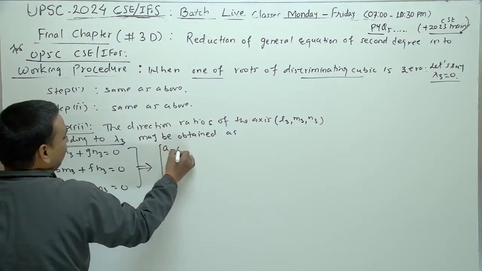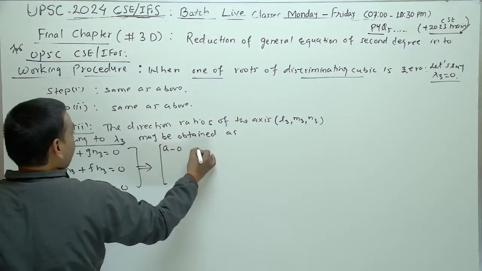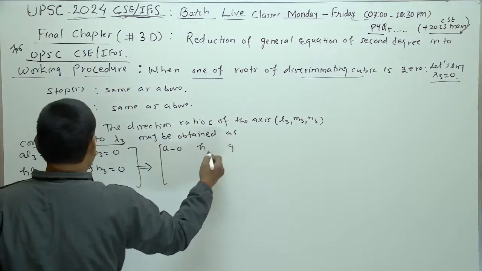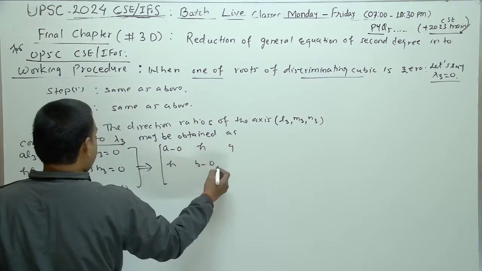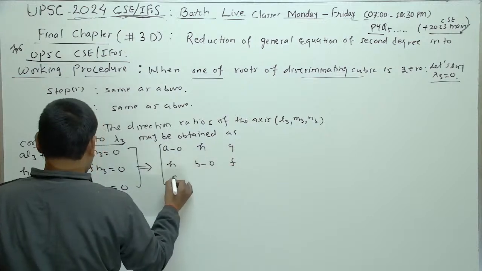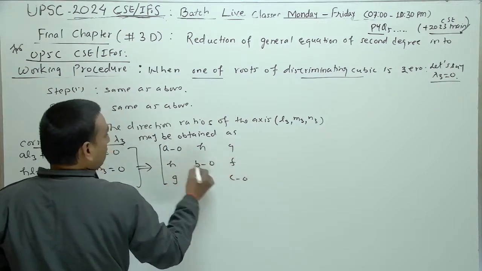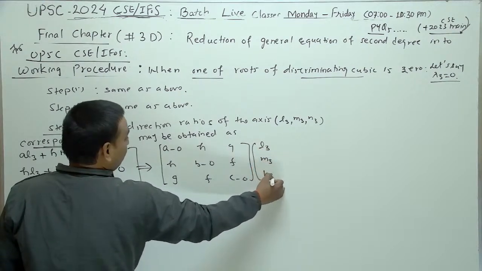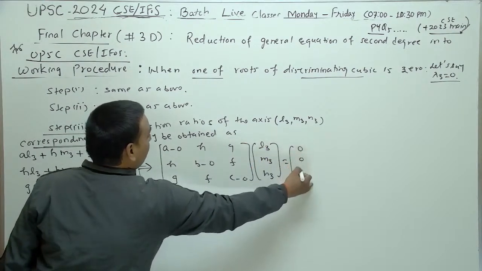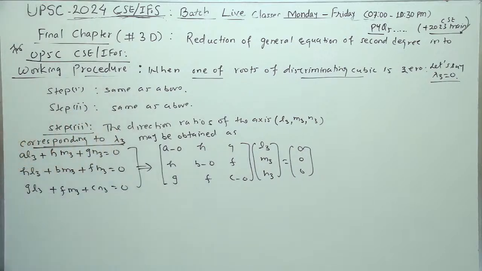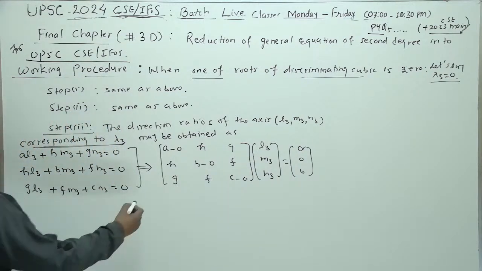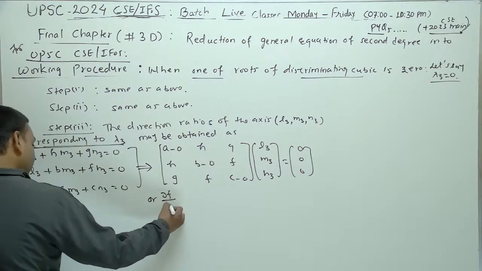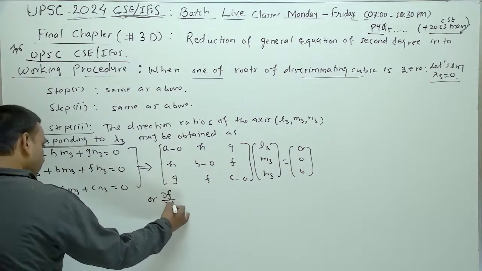A minus 0, फिर यहां से h, g, h, b minus 0, f, g, f, c minus 0, क्योंकि लैम्डा 3 0 निकल चुका है.